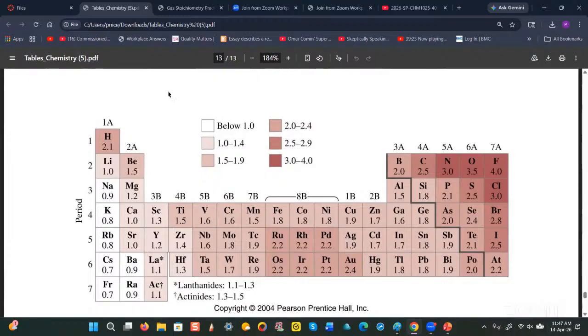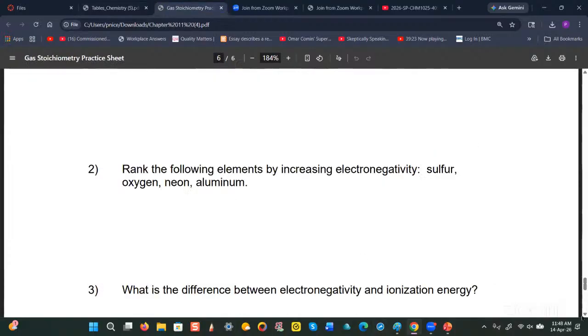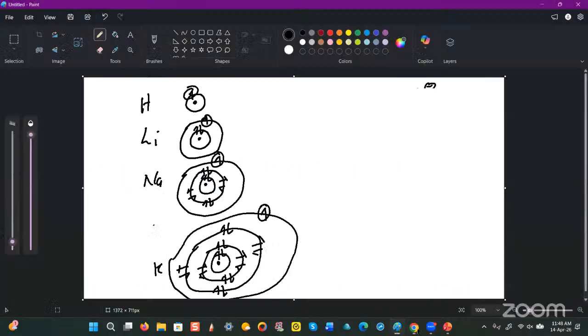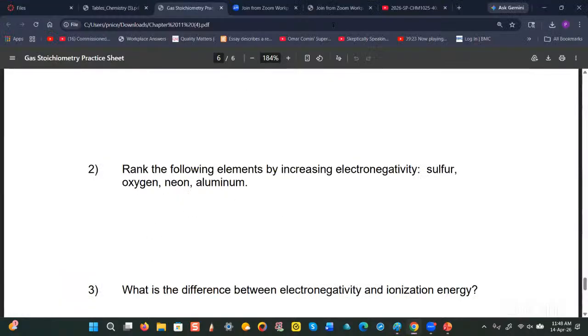So with that said, going back to the question, it says rank the following elements by increasing electronegativity. And it gives you the elements sulfur, oxygen, neon, and aluminum. Oh, by the way, you'll notice going back to the table, I should have mentioned this, that there are no group 8 elements.